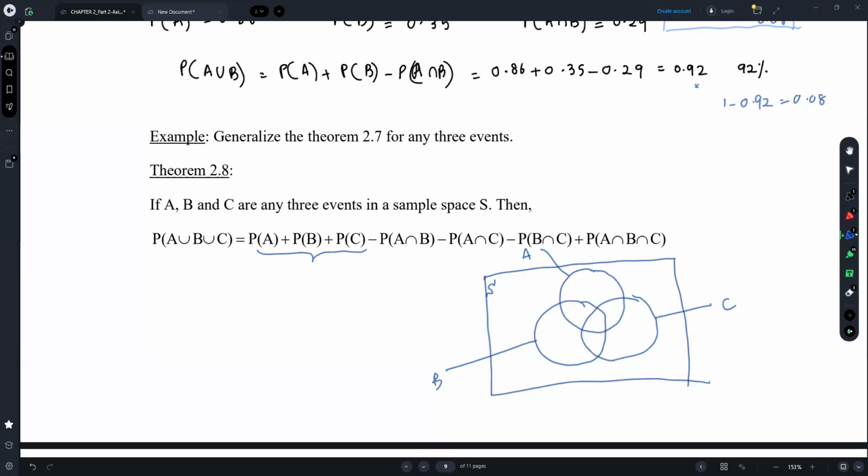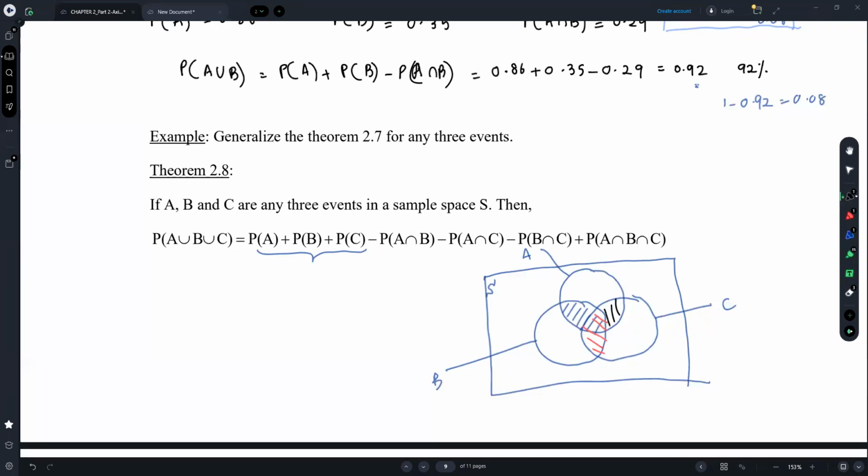That's okay. Then you have to subtract the overlaps of 2 circles. So overlapping of A and B, that's this one. So that is the intersection of A and B. Then the overlap of A and C, this area. And then B and C is this area.